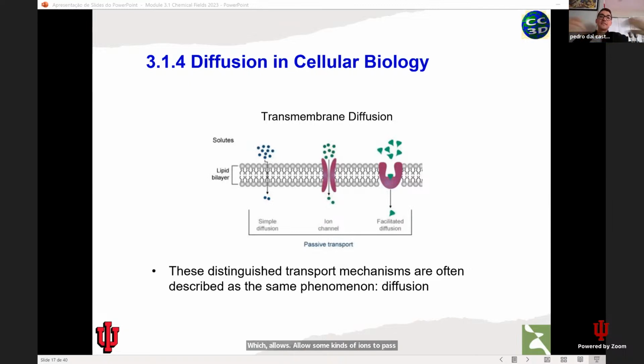And there is facilitated diffusion. So for example, glucose is a big molecule that cannot simply cross the cell membrane. So there are these protein spots on the cell membrane, these transmembrane proteins that help these molecules to cross the membrane. But we always model them as simple diffusion, okay?